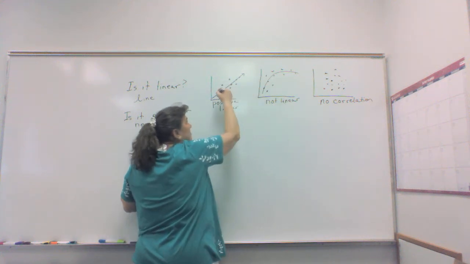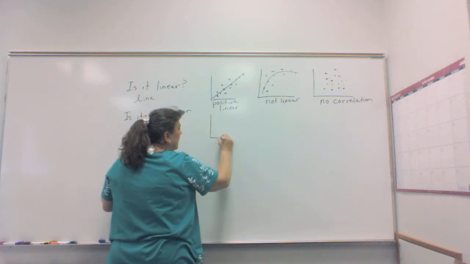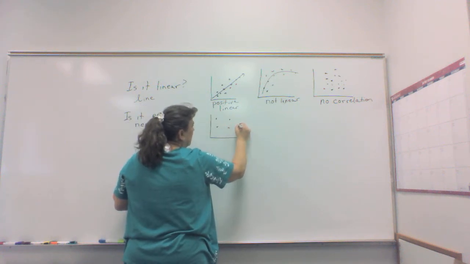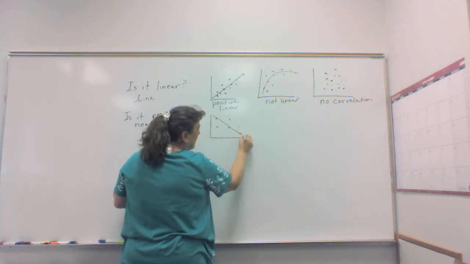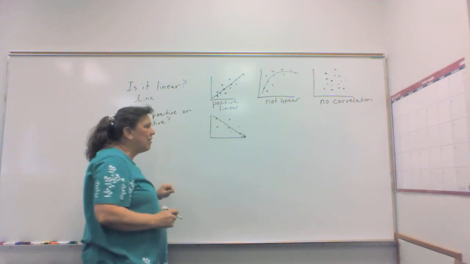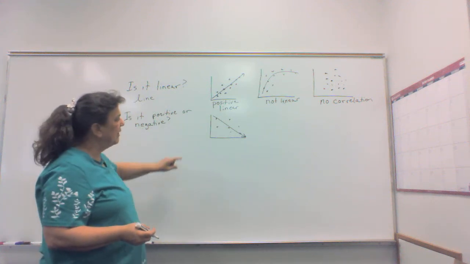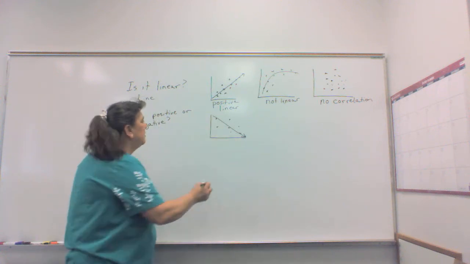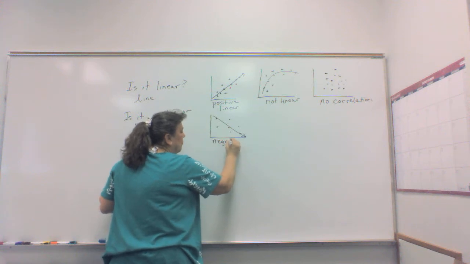So this is a positive line. If we had a negative linear correlation, it would look something like this. See, your line is going downhill, and if you draw your line, it will help you to get that correlation figured out. From the left to the right, it's going downhill, so this would be a negative linear correlation.